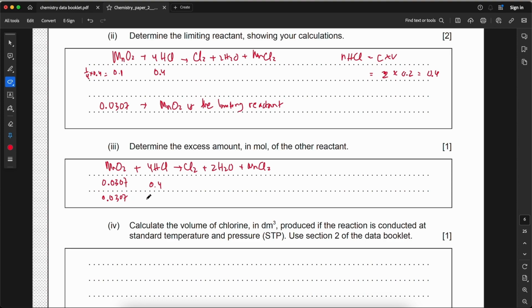So only 0.123 just now, 4 divided by 1 times 0.0307, is the amount of HCl that is reacted when 0.0307 mole of MnO2 is added. So the excess would be 0.277. You subtract this mole, excess.